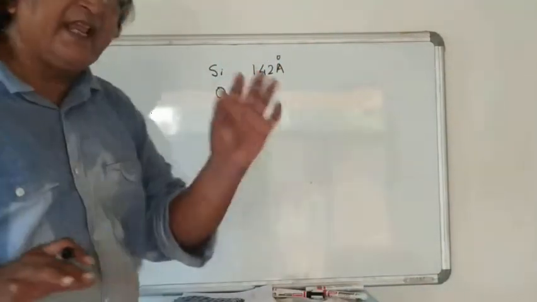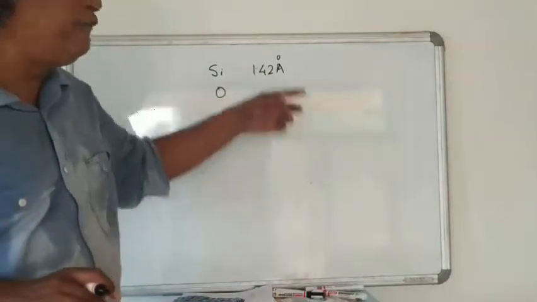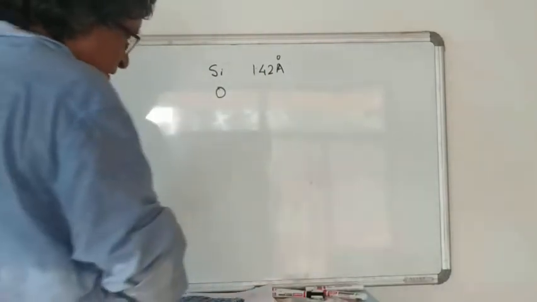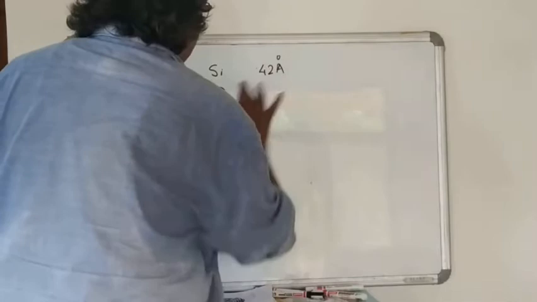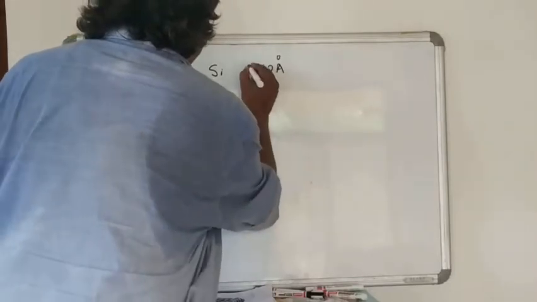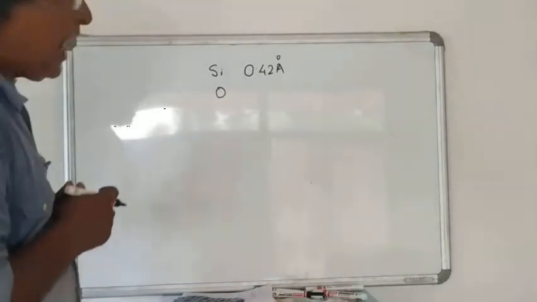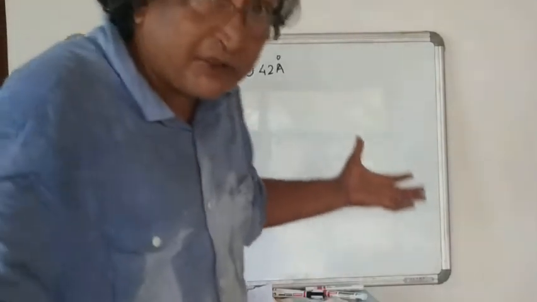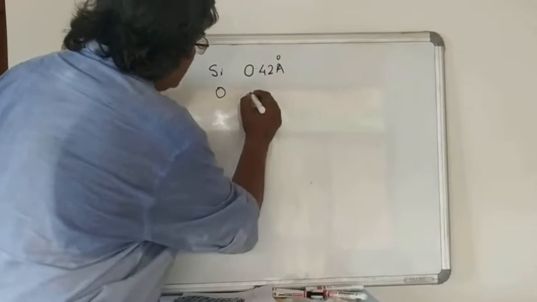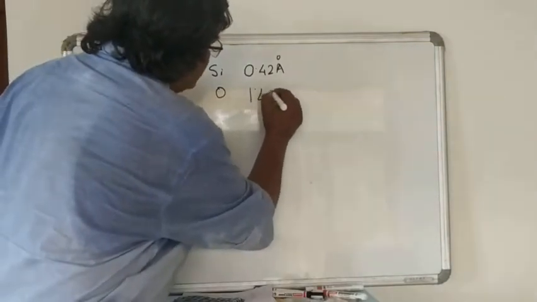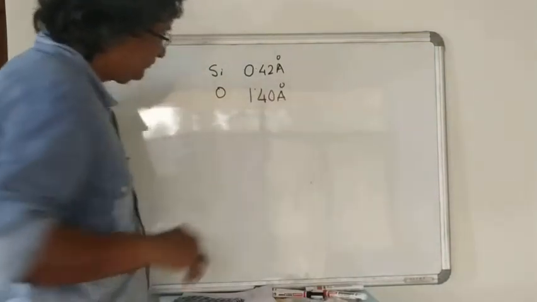Roughly, the silicon ionic radius is about 0.42 angstroms, sorry, 0.42 angstroms. And oxygen is much bigger in volume, about 1.40 angstroms.